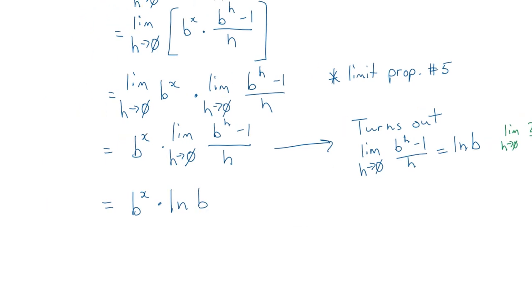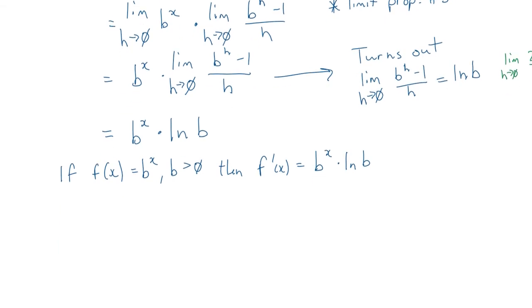So if f at x equals b to the x, where b is greater than 0, then f prime, its derivative, is equal to b to the x times the ln of b. And that's the derivative of any exponential function. Okay? Box.